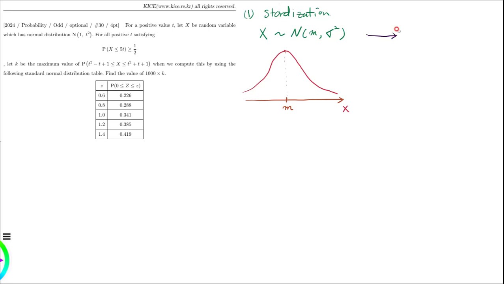All normal distribution random variables can be standardized as, let's say, a random variable z following a normal distribution with mean 0 and variance 1. So in this case, the probability density function for the standardized random variable z, its center is 0, is still bell shaped.